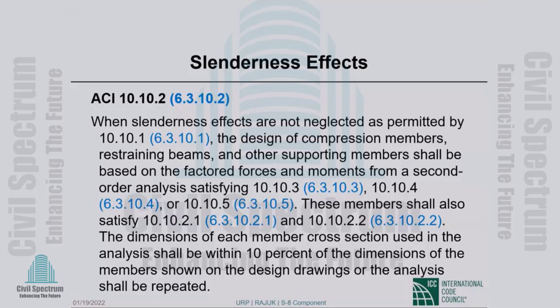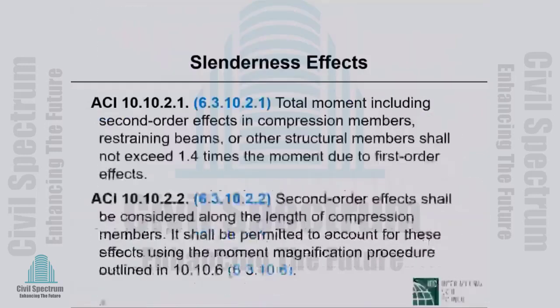So the dimensions of each member cross section used in the analysis shall be within 10% of the dimensions of the members shown on the design drawings, or the analysis shall be repeated. Okay, so 10.10.2.1, 10.10.2.2, there are two things that you have to satisfy for all slender columns.